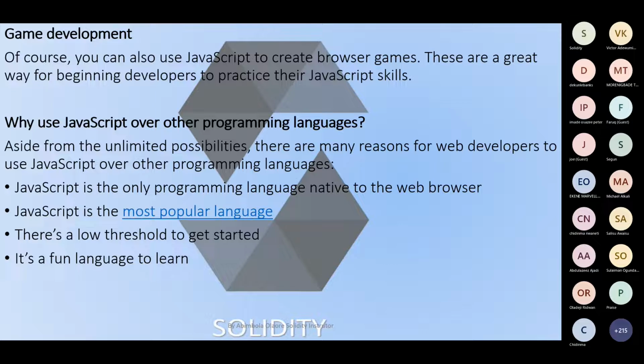JavaScript is the only programming language native to the web browsers. JavaScript is the most popular language. There is a low threshold to get started, and it's also a fun language to learn.